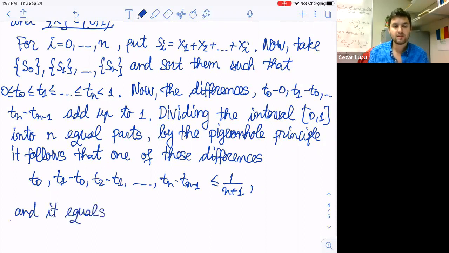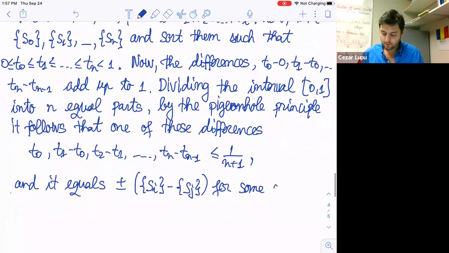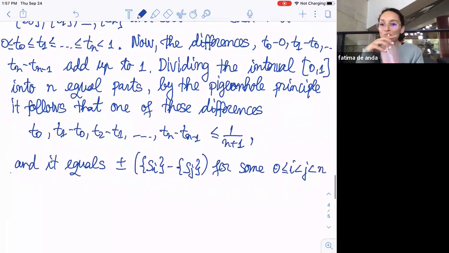And well, one of these differences equals, keep in mind that these t_i's are the fractional parts. So it equals, let's say plus or minus, I don't know exactly which one, the fractional part of s_i minus the fractional part of s_j, something like this, right? For some 0 less than i less than j less than or equal to n.